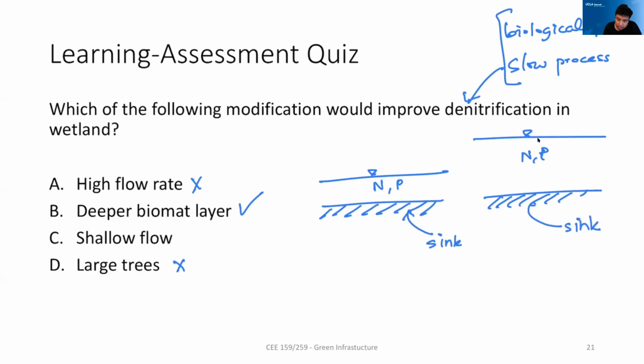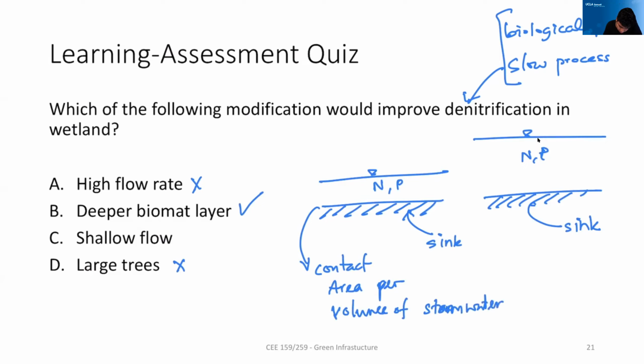So in this case, on the left side, most of the water, or the most percentage of water, is in contact with the biomat here. That means more contact area per volume of stormwater is high.